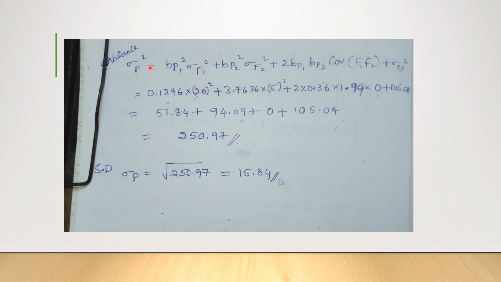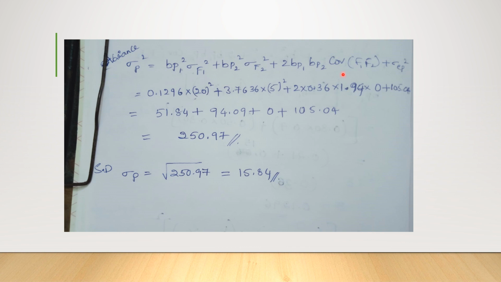Now coming to the variance. We have the variance formula here, and we have got all the values, including standard deviation EP square. Substitute the values here, as we have already calculated BP1 square and BP2 square.